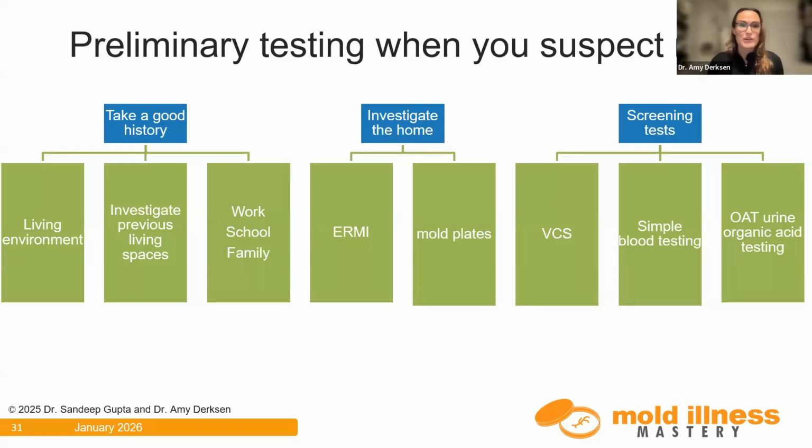Back to the history. So investigate the previous living spaces that they lived in, not just where they are now. And the other thing is, think about work environments, school buildings. A lot of these portable school buildings can be a big problem. Family members, grandma's house. It's not just where you're living, it's where you're spending a lot of time.